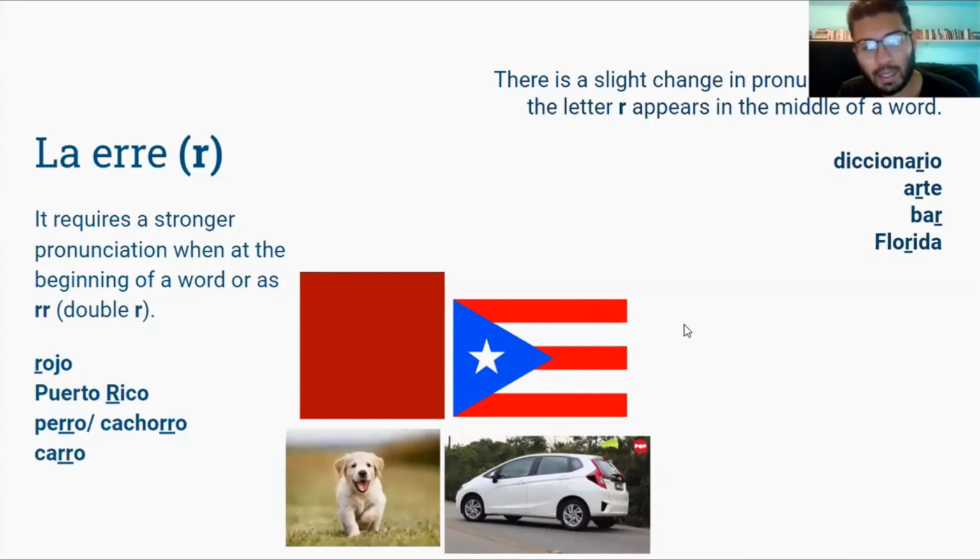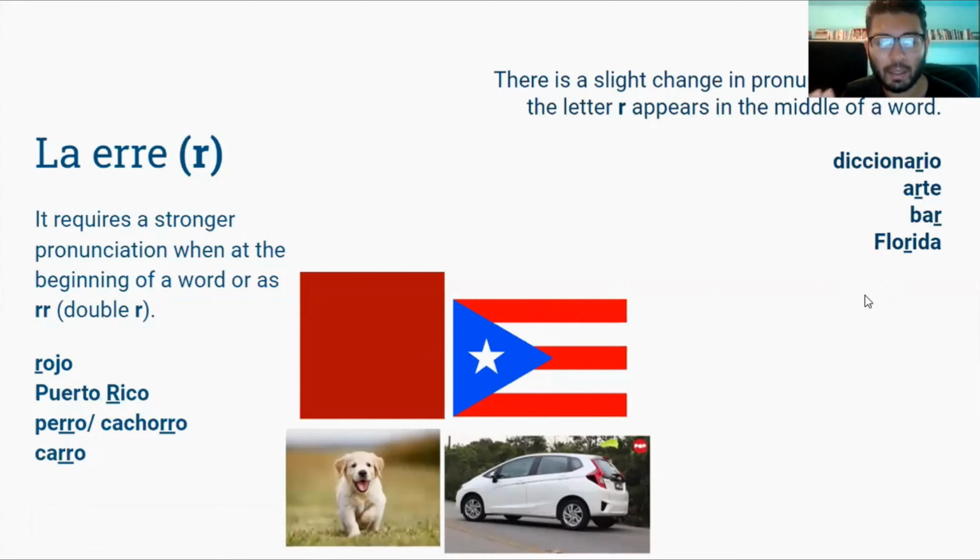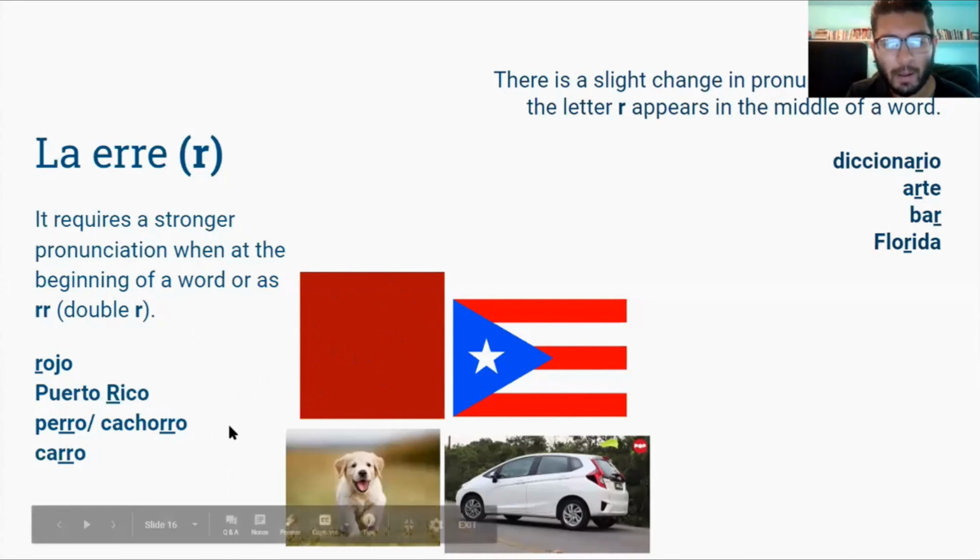The examples here make those differences clear. If we have the letter R at the beginning of a word, or if we have two R's together, its pronunciation will be a stronger R. We see that in rojo, or the color red, as we see in this picture, which has a stronger R pronunciation.